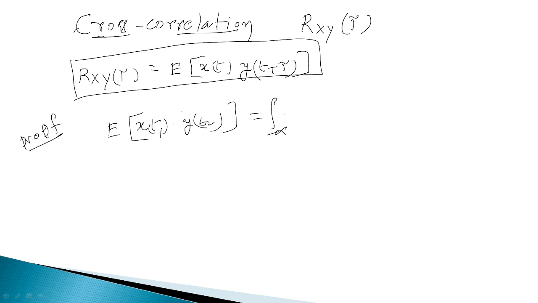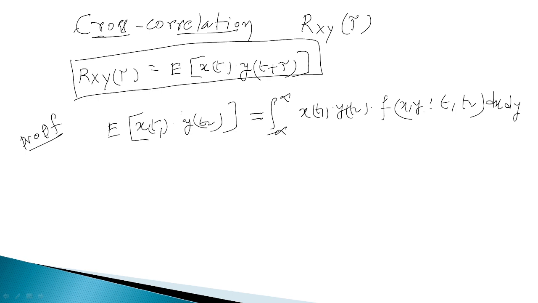Average means integration of x of t1 y of t2 times f of x, y, t1 comma t2, dx dy.